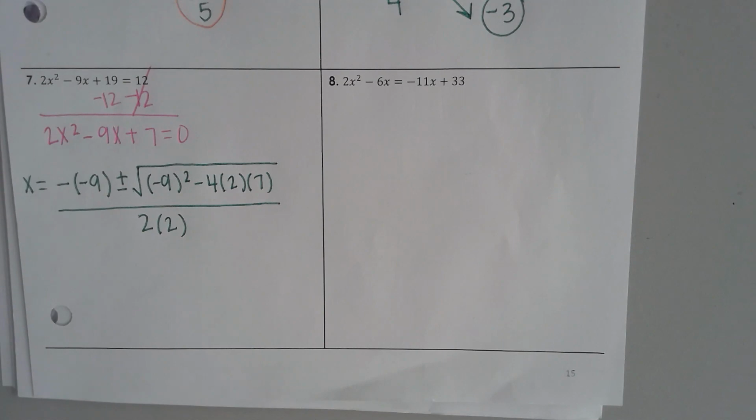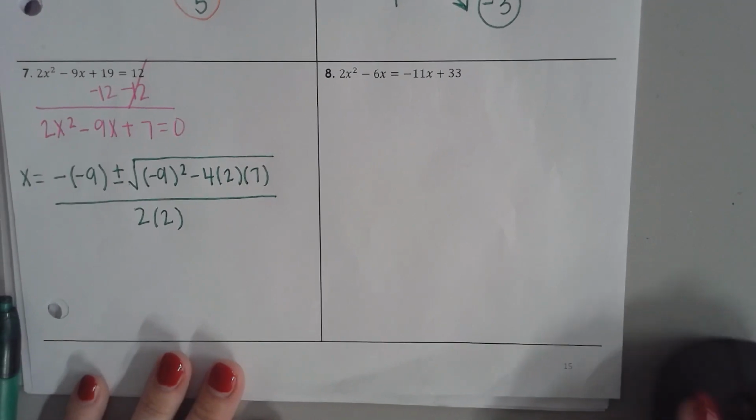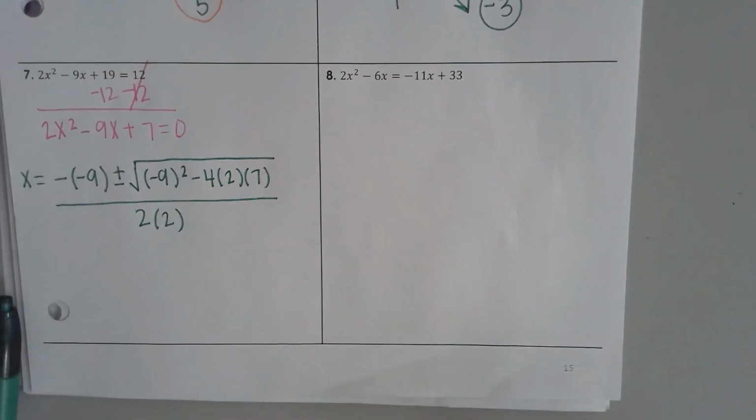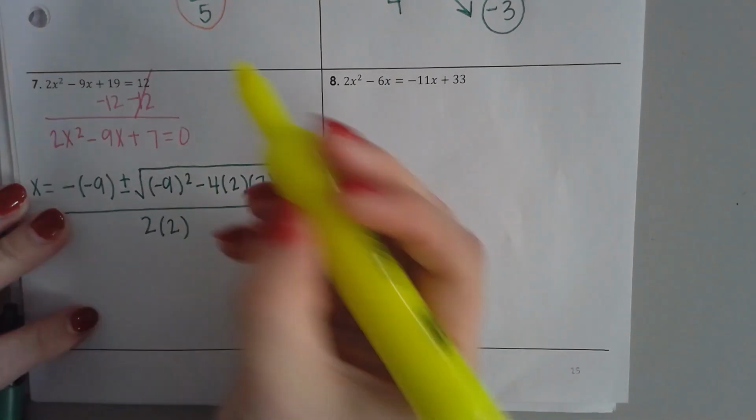So I'm just filling in my A, B, and C. And then we're going to type in what's underneath the square root.